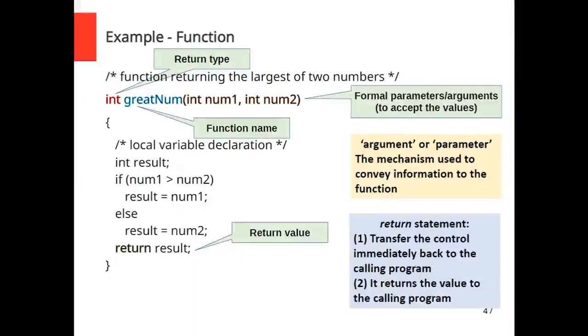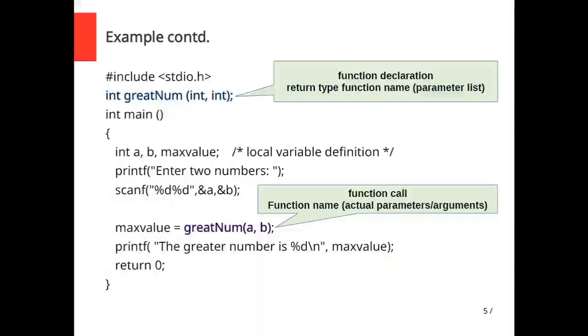Hence, in order to return the value to the calling program, we need to return the result. So that is the return value, return result. When a return statement is used, the control is transferred back to the calling program, and it also returns the value to the calling program.